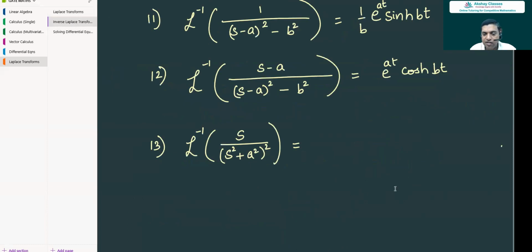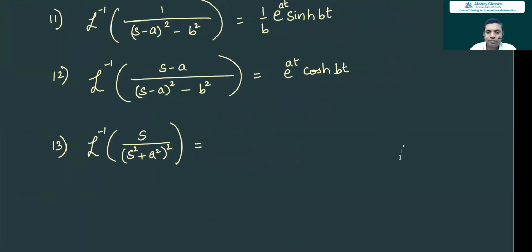So now let us look at this result. Now a by s square plus a square is the Laplace transform of sine at. So this is f bar s. I'll erase this, but I'm just showing the proof.